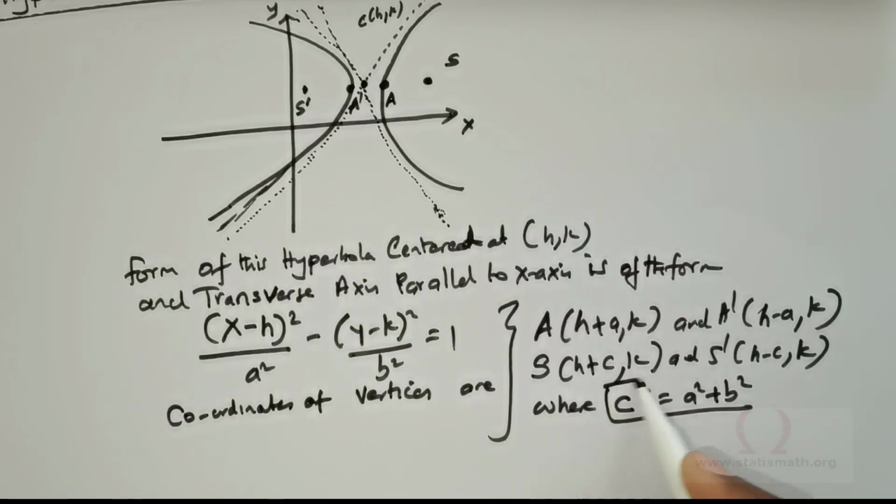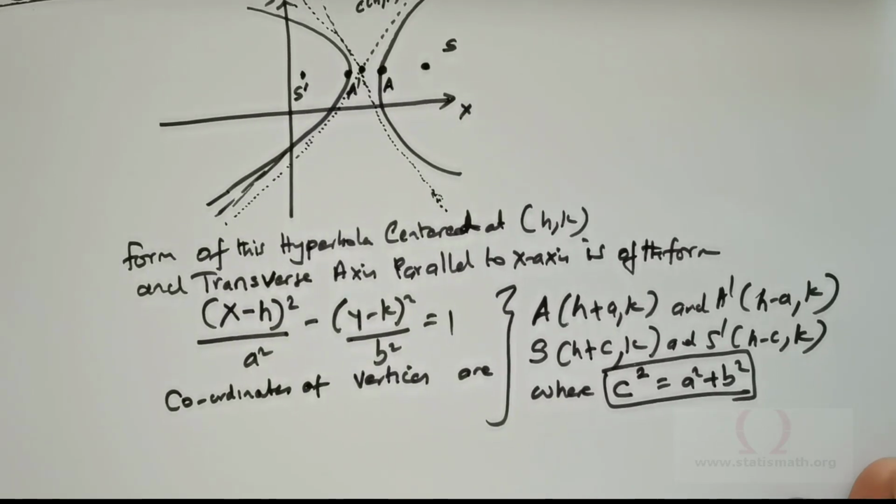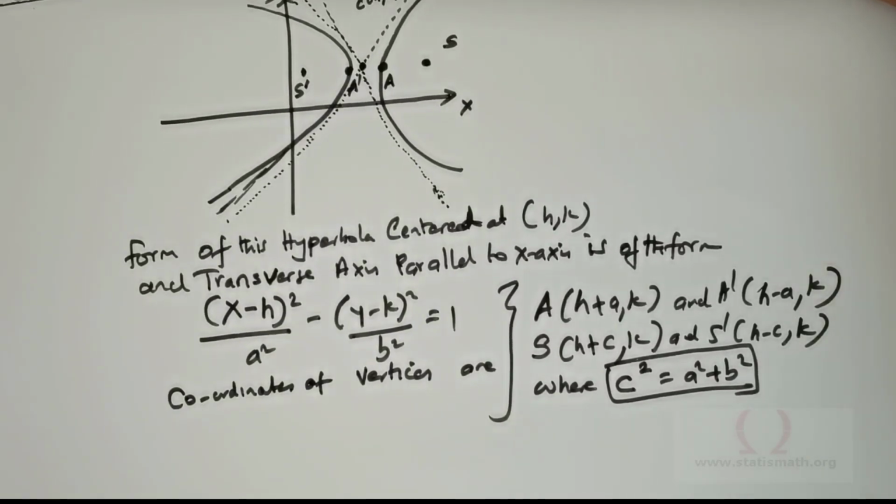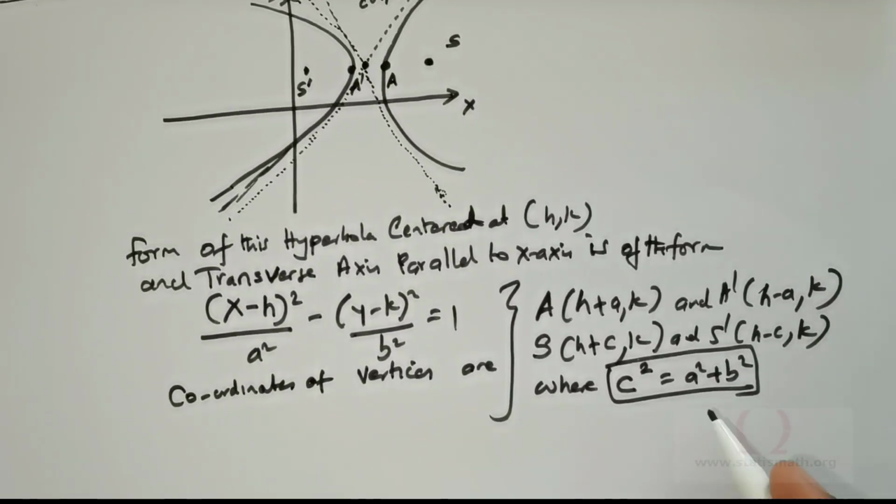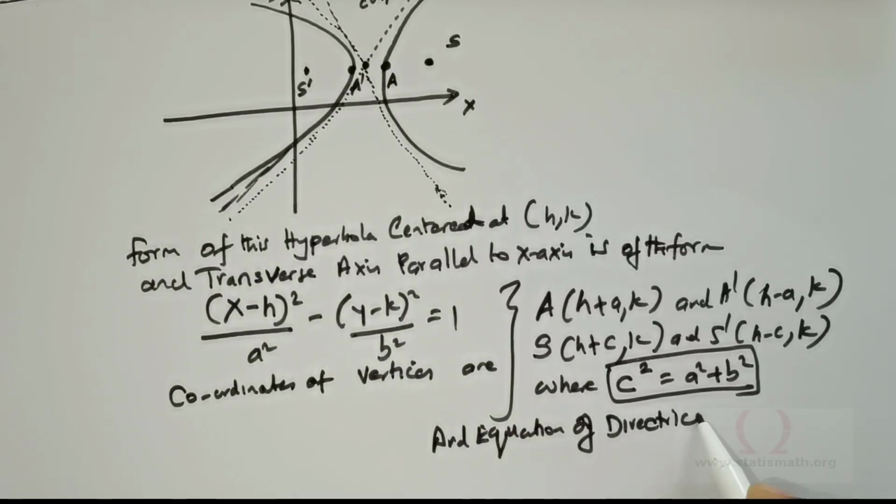This is different for hyperbola. I've already mentioned the c squared for the parabola, but in case of the hyperbola, this is the value of c squared. And vitally, the equation of directrix, two directrixes are there.